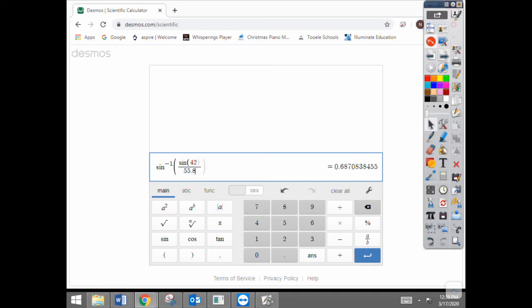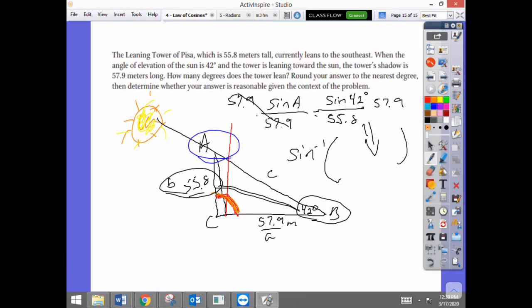And I'm just tapping next to that to get my cursor to move there, and I'm going to say times 57.9. What are we getting? About 44 degrees. So the measure of angle A is equal to 44 degrees.